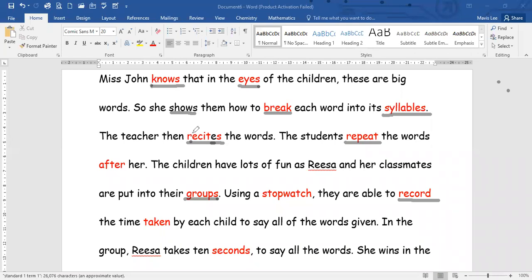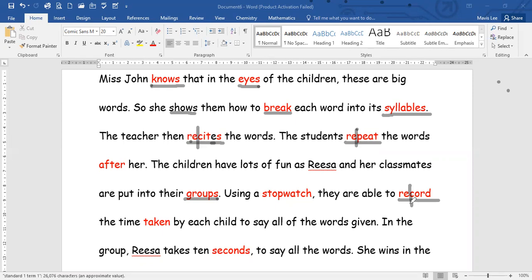Look at this one here. We're going back to the top. R-E at the beginning. This one here. And do you see it again here? They all begin with R-E. We have recites, repeat, and this one is record.